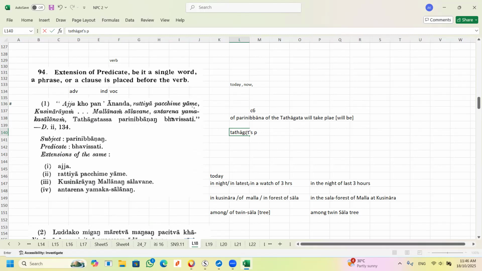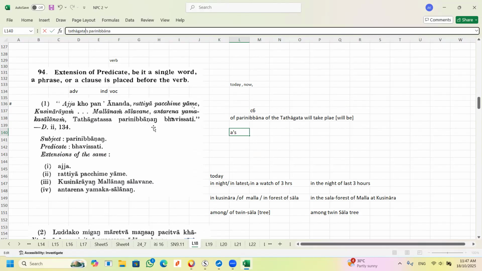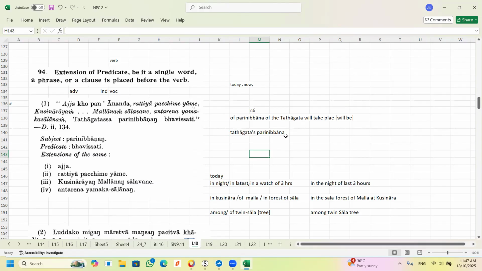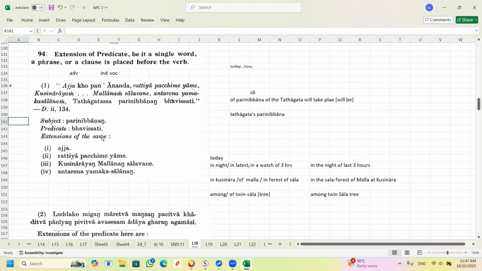Tathagatas parinibbana. So in this, of course, like that. When you look at some of the rules, it's a bit difficult to understand.